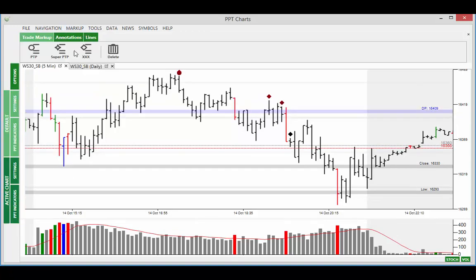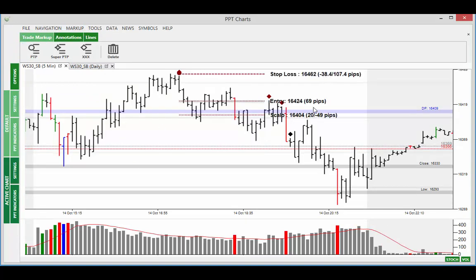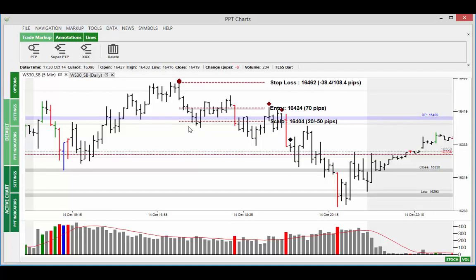Let's for example click on PTP there, mark up this PTP, and we can see that we have a 38-point potential risk for only a 20-point gain down to the BRN there. Let me just pop this on so I can tell you exactly what it is, the 16,400 level there. So it's a case of, do I take the trade or don't I take the trade? And if I take the trade, how can I reduce the risk?